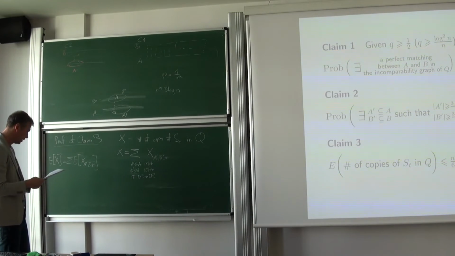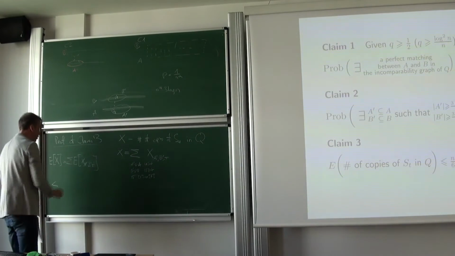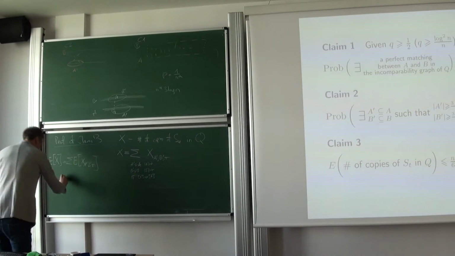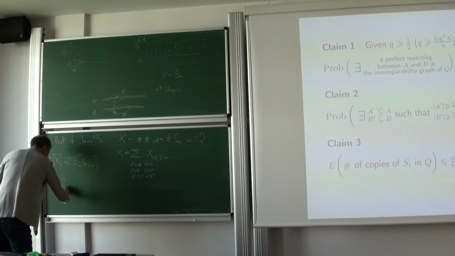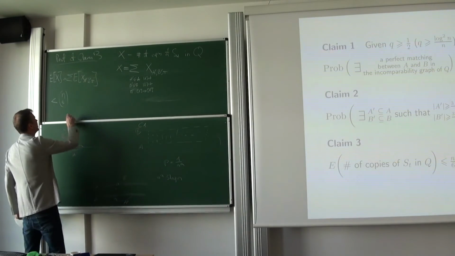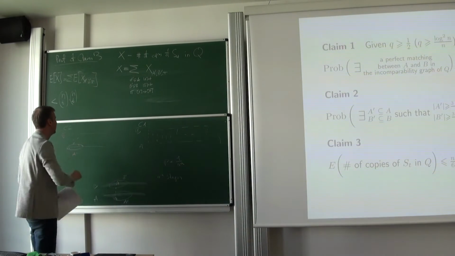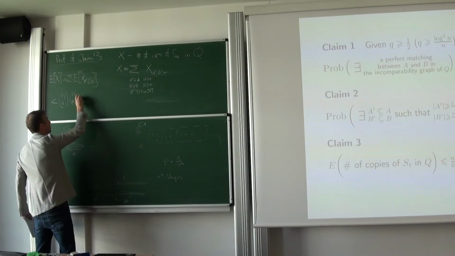So how do we bound it? The choices of A prime, this is n choose t. The choices of B prime, that's n choose t. The bijection, this should be t factorial.